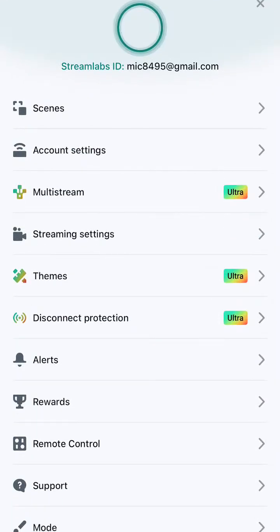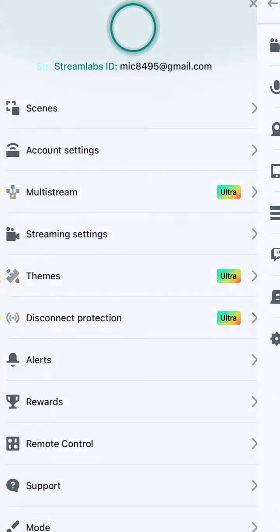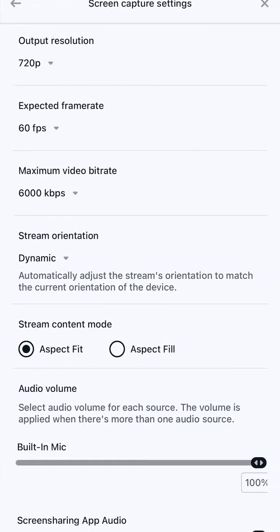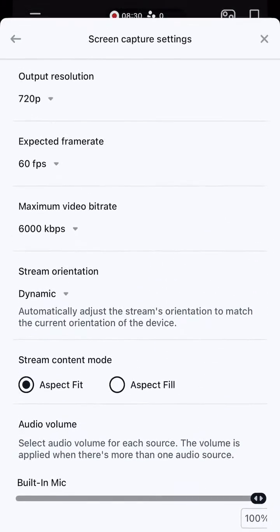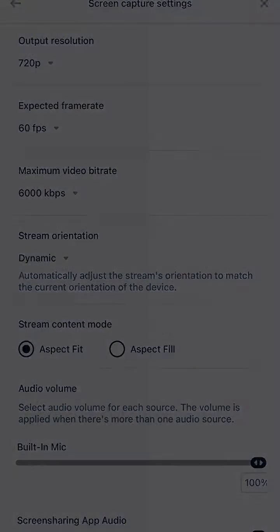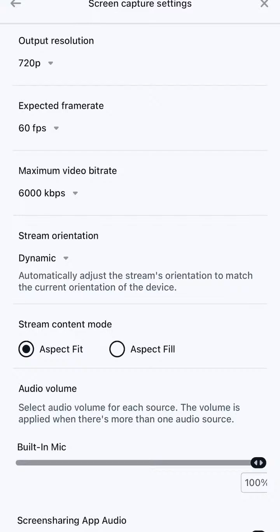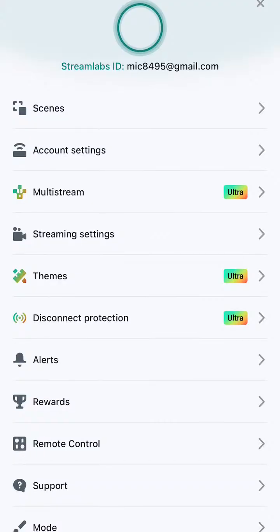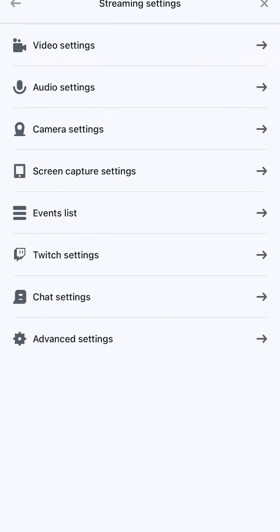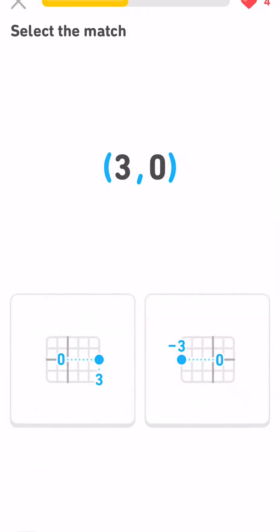I've been here before, but I won't tell you who I was and why I wasn't on. Okay, that's fine. You don't have to say anything, to be honest. Dynamic. It's always on dynamic. So, I don't know. I put it on aspect fit instead of fill. So that should fix it. I probably won't fix it right now, but it'll fix it eventually. So, probably on the next stream.